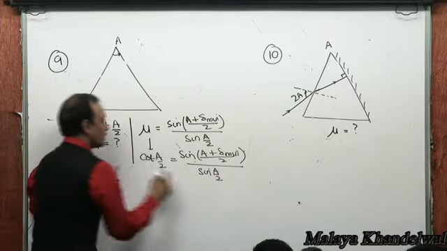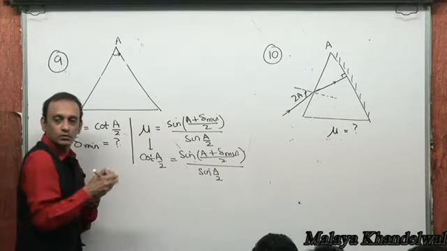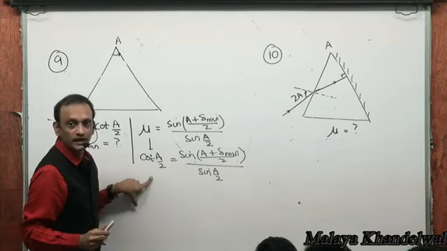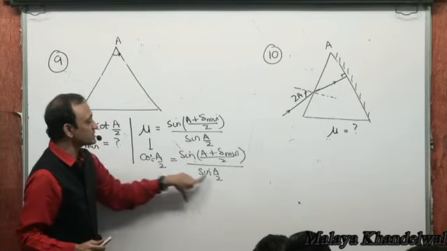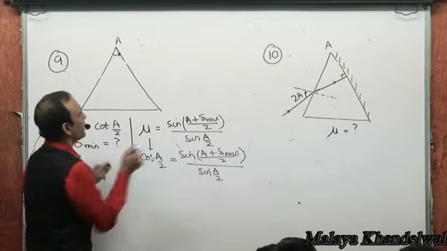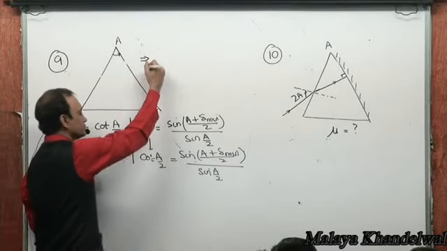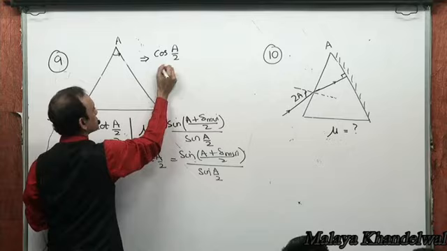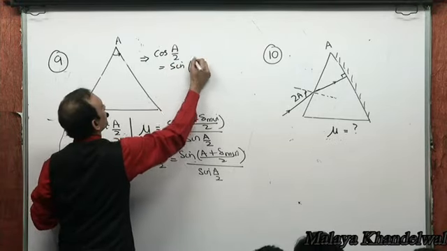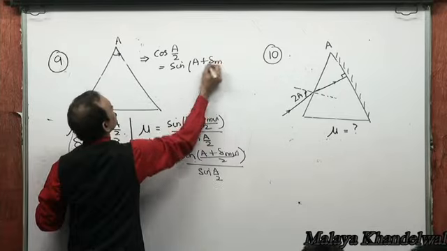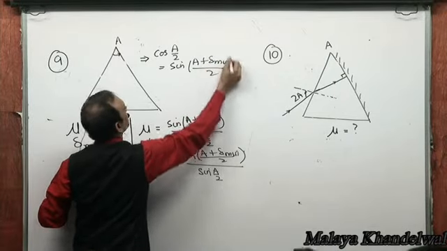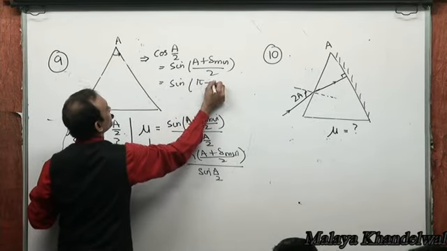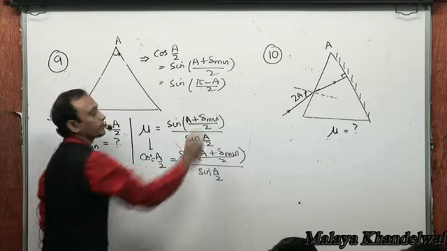Now very clearly, this is cos by sine, this is cos by sine, sine will get cancelled, and then we have cos A by 2 as sine of (A plus delta min) by 2, and this cos A by 2 can be written as sine of (90 minus A by 2), right?